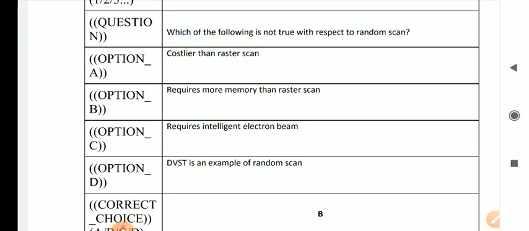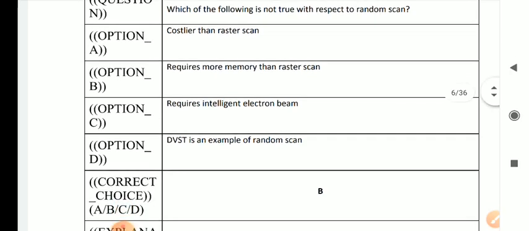It requires more memory than raster scan. Okay, so we know that in raster scan it stores a whole image. So for that we require more memory. But in case of random scan, it stores only line segments. So for this we require less memory. So this option B is the answer, which is not true.